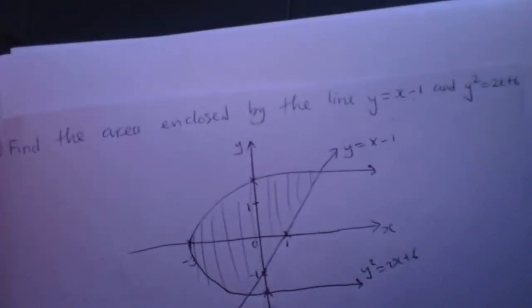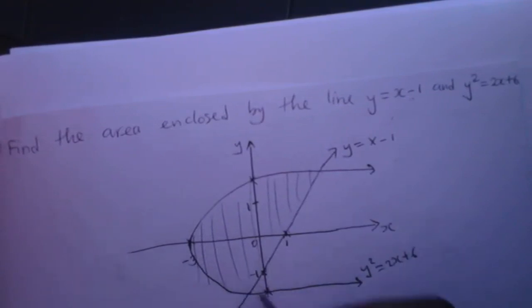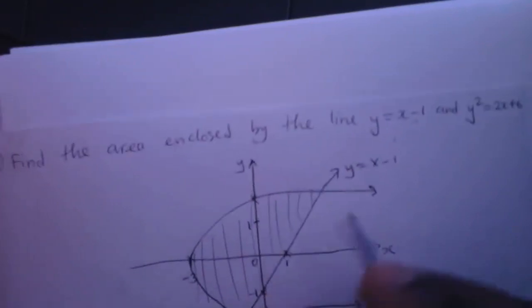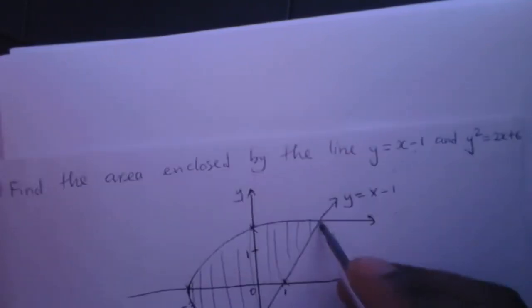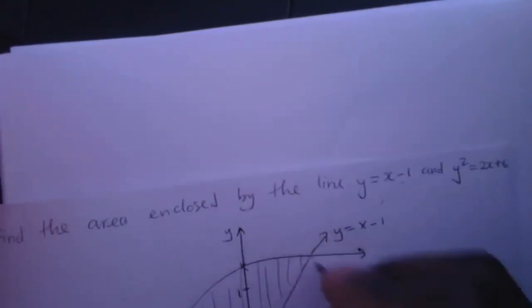So we know already that this point of intersection here is minus 2, and this point of intersection here, y is just equal to 4. Alright, so I'll just label the points there.